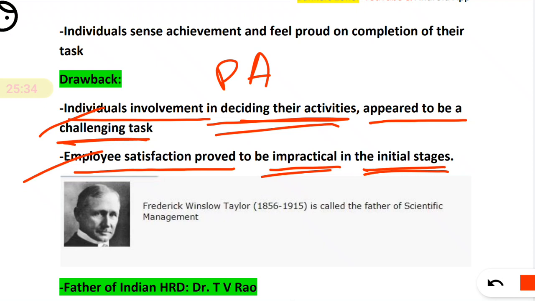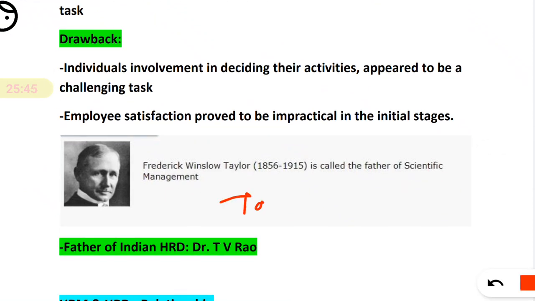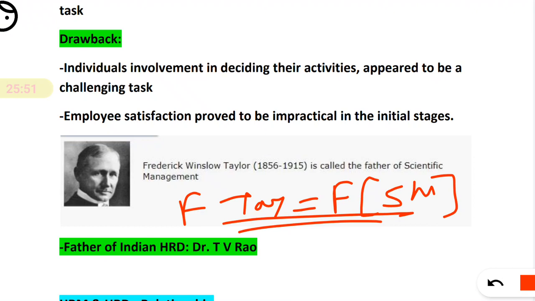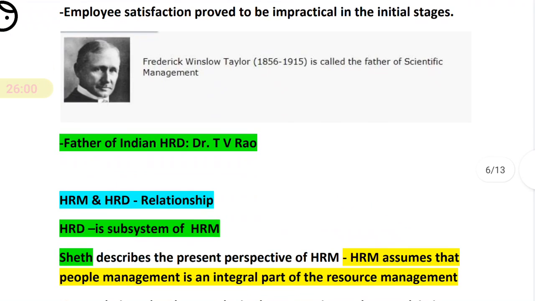So friends, you can also remember one important bit: Frederick Taylor is called the father of scientific management. That is basically Frederick Winslow Taylor, the father of what? Scientific management. And one more important bit: who is the father of Indian HRD?